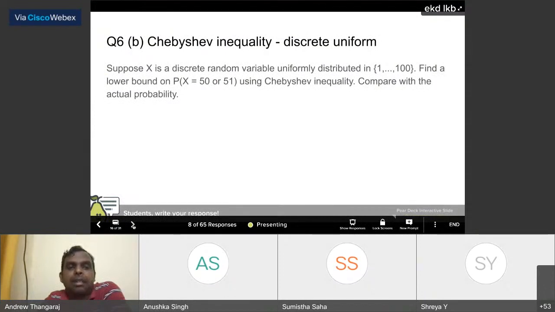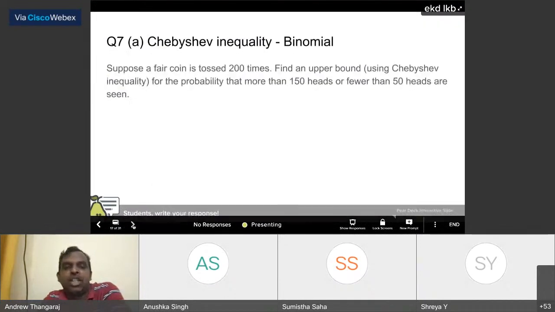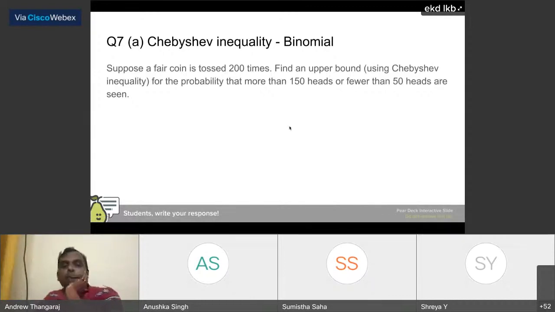Coming to the last end of our session here, let's move on and see some textbook problems which are very, very easy to do. So here is the next one. It's a binomial problem.